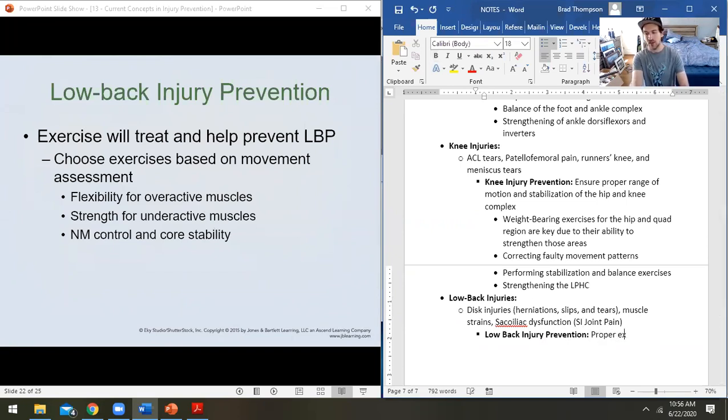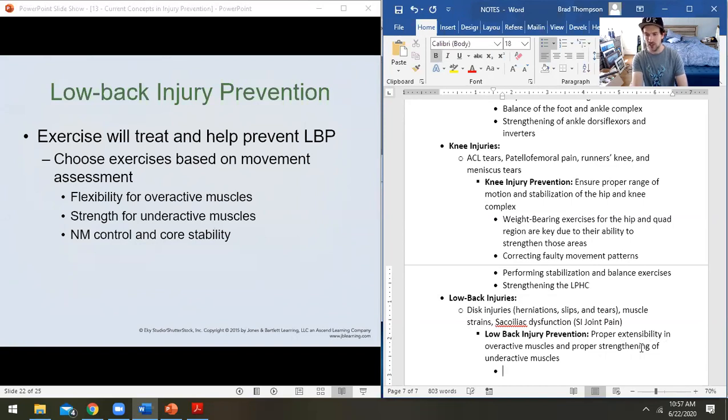So proper extensibility in overactive muscles and proper strengthening of underactive muscles.